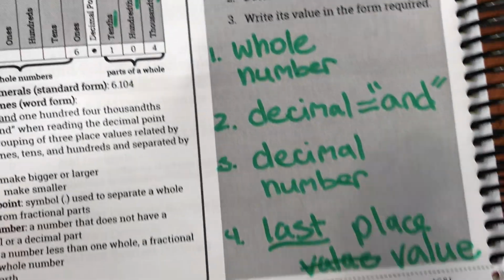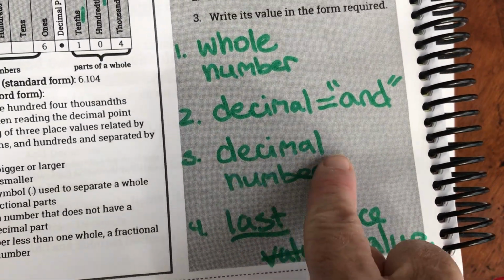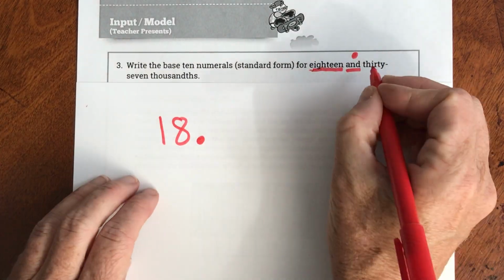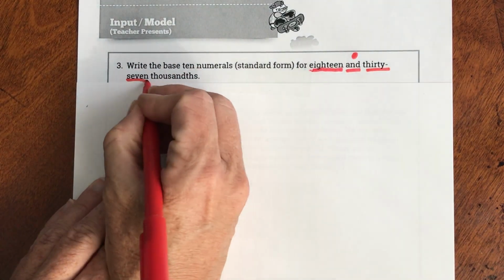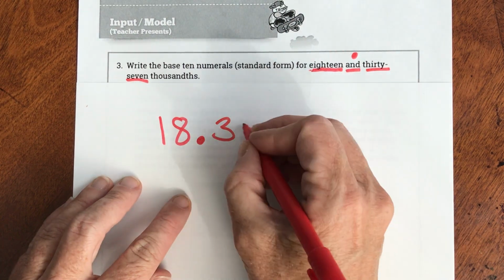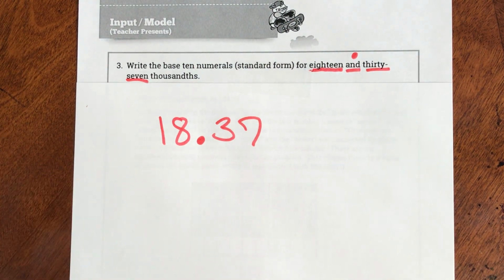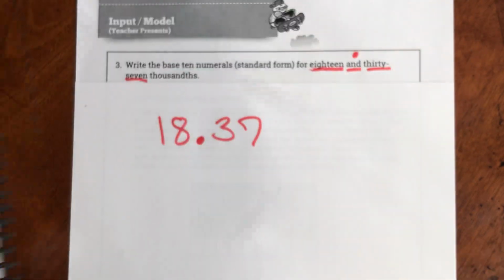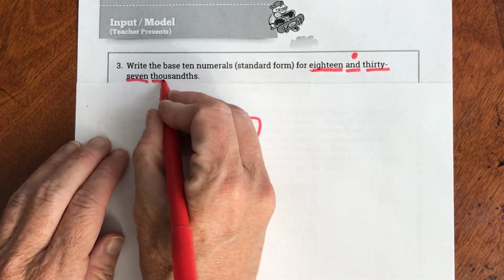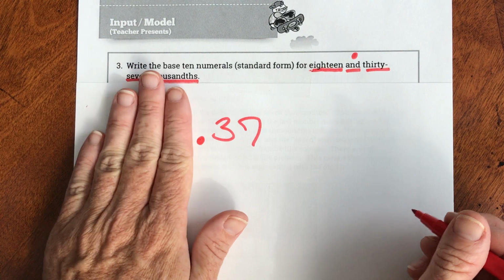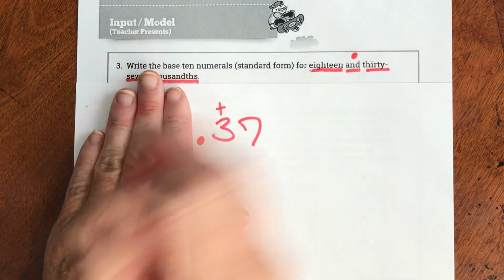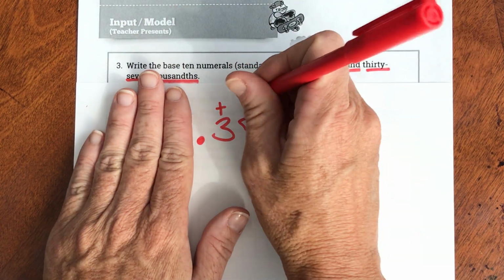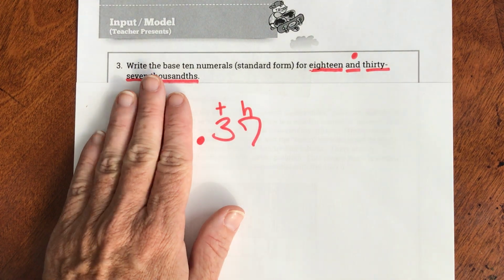Let's look at my next part. Decimal number. So what's after the decimal? 37. So that's step 3. And my last step is the last place value. So my last place value should be thousandths. Let's check it and make sure. So the first one after the decimal is tenths, and that's hundredths.